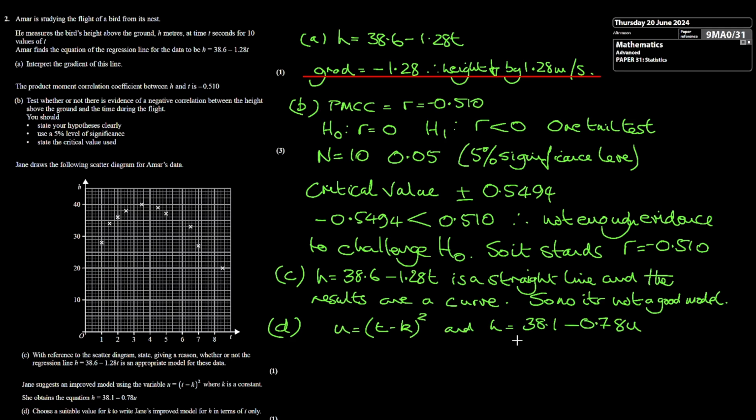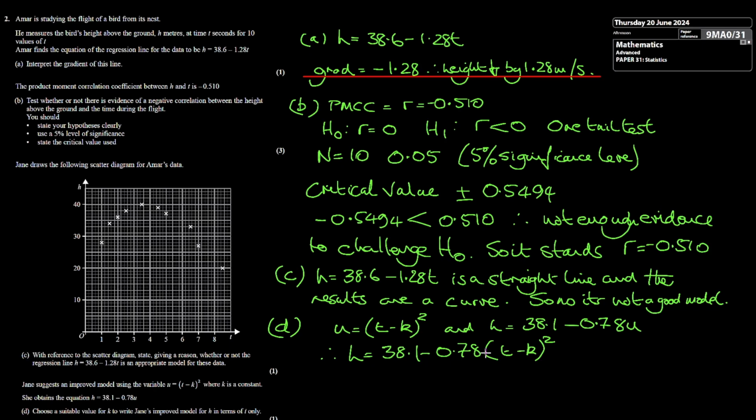So here are Jane's suggestions, and she is suggesting that these results fit these measured results more closely than the straight line does. So substituting her value for u into the expression for h, we get this, which is basically an n-shaped quadratic taken away from a value of h, which is 38.1. Now we've got to eliminate k.